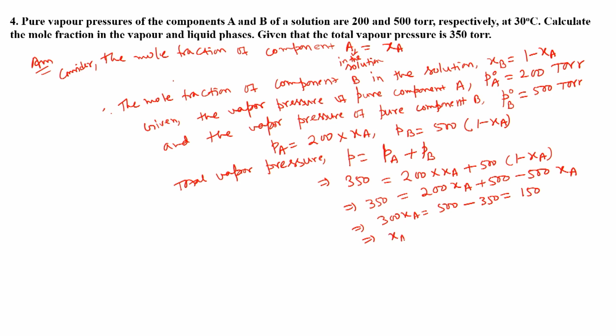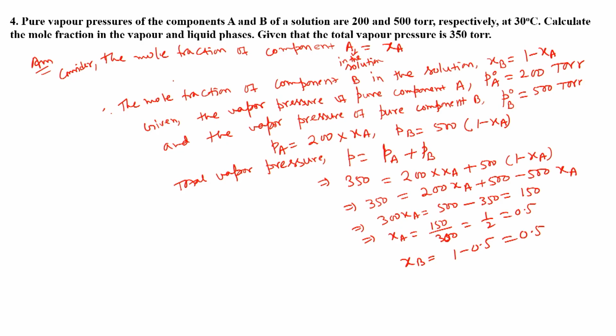So, XA is 150 by 300, so we get 1 by 2, which is 0.5. Okay, so XB will be 1 minus 0.5, so you get also 0.5. So, XA and XB are the mole fractions of components A and B in solution.